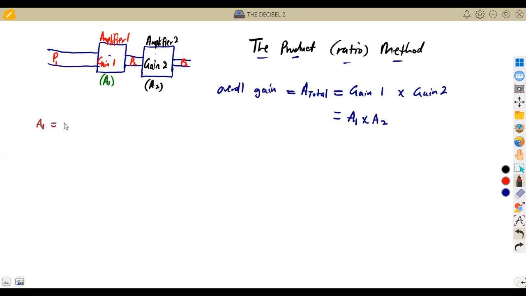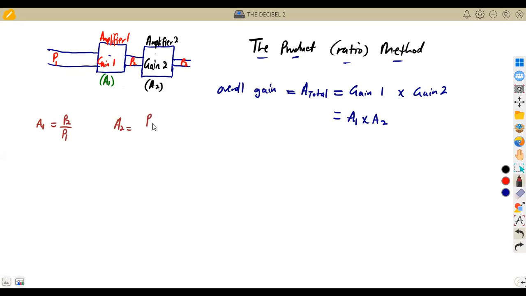So A1 is the same as P2 over P1. And power can be calculated from whatever you're given. Maybe you're given voltage and current, or current and resistance. You calculate power from the information that you're given, but I'm referring to the power as it is, output over input. And the second one, which is our gain 2, is going to be the same output over input, which is P3 over P2 in this case.